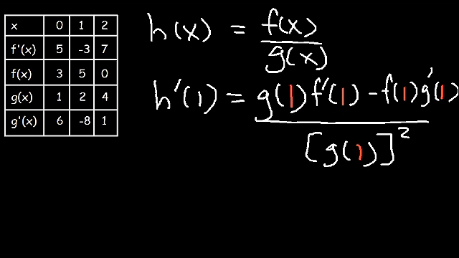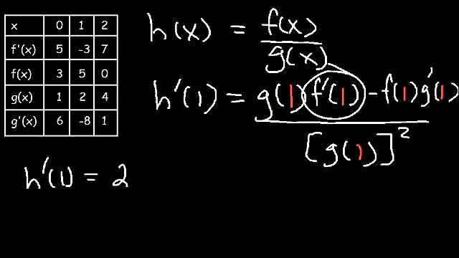So what is g of 1? So x is 1 over here, and here's g. So they meet at 2. So g of 1 is 2. Now what about f prime of 1? What is that equal to?